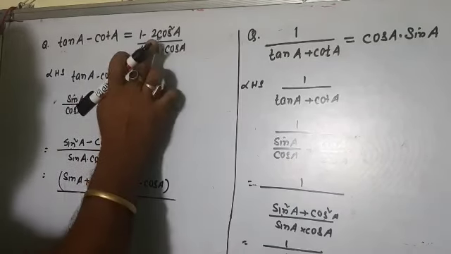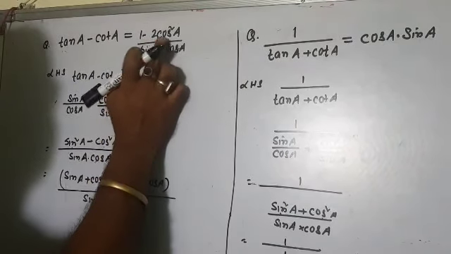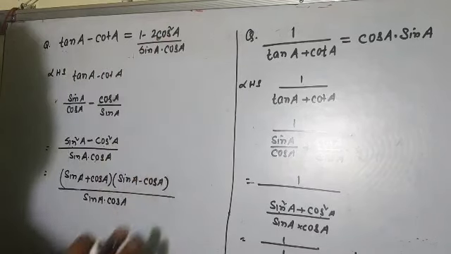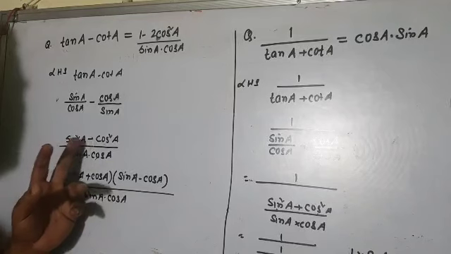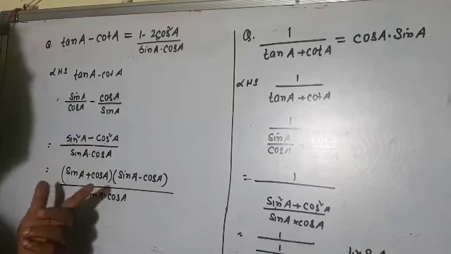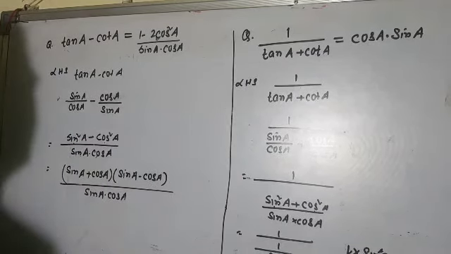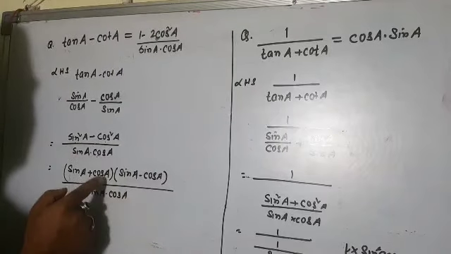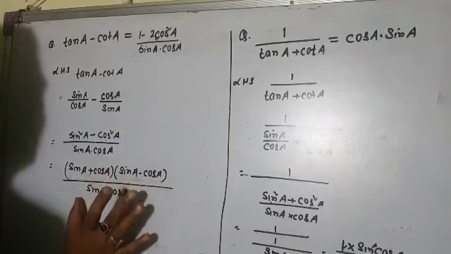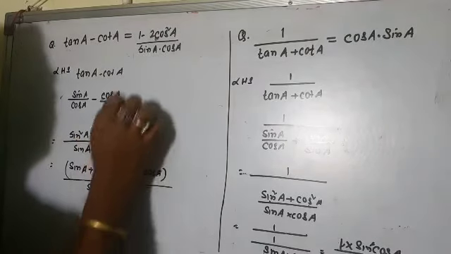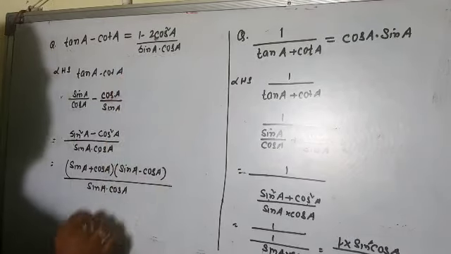Why? Because my RHS is 1 minus 2 cos square. That means this expression a square minus b square we cannot use. That's why I wrote it the wrong way, to understand that if I go this way then we cannot find the RHS.